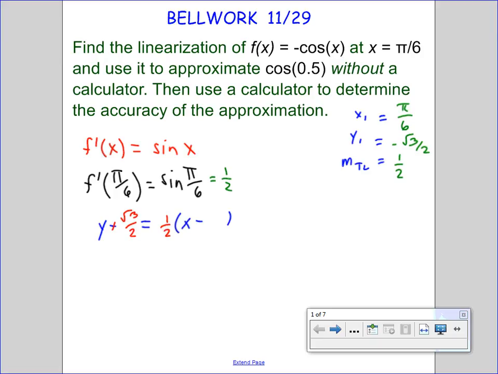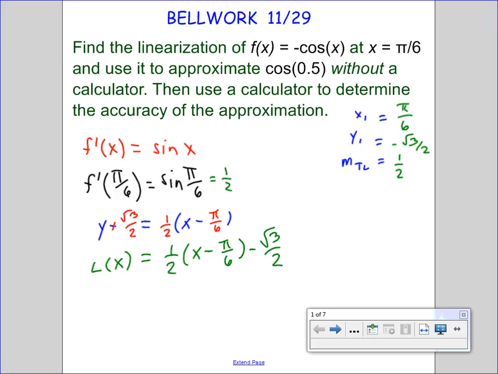So my linearization function, L of x, will be 1/2 times quantity x minus pi over 6 as our x coordinate, minus root 3 over 2. Is that what you guys got?